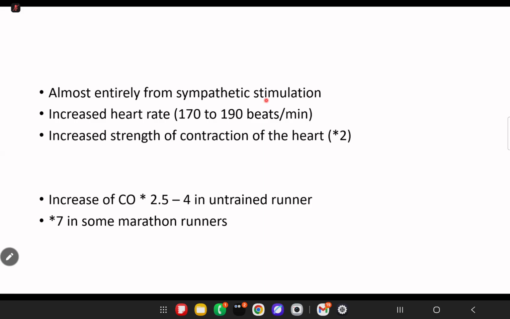By doing that, even in an untrained person, you can increase cardiac output 2.5 times to 4 times. In a trained person, especially marathon runners who have dilated hearts, they are conditioned. They have larger stroke volumes and larger hearts. They can even increase their cardiac output up to 7 times.